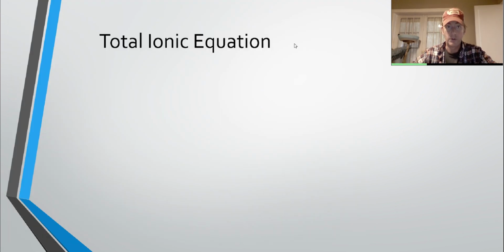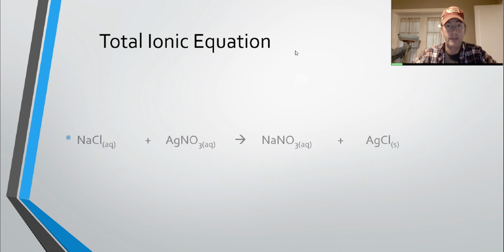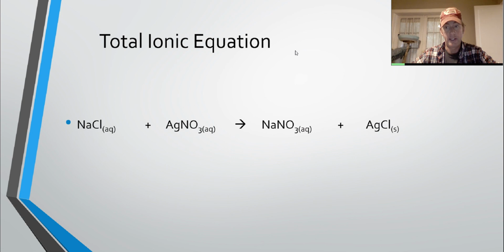So with those ideas, when we talk about an equation, we have a chemical equation here. This is a complete balanced equation. It's already balanced. And I put the states of matter down here. So we have sodium chloride that is aqueous. It's got sodium, which is always soluble. Most chlorides are soluble except for silver, lead, and mercury. And we have silver nitrate here, which we look at the nitrate side in our rule.